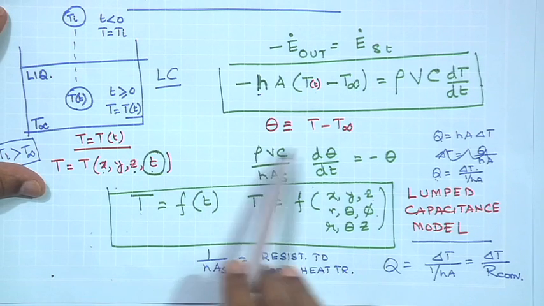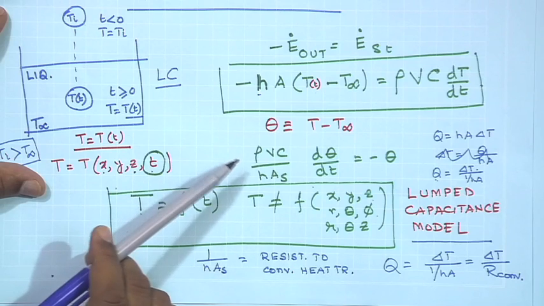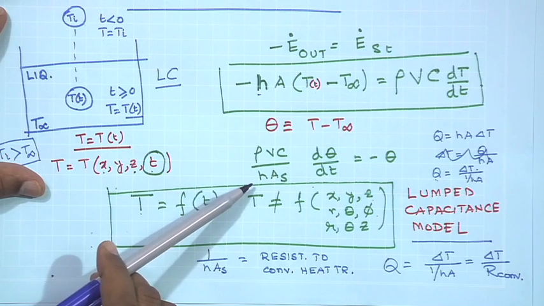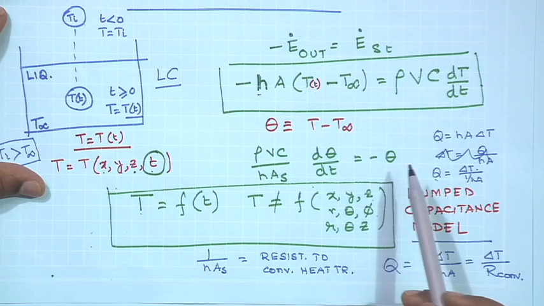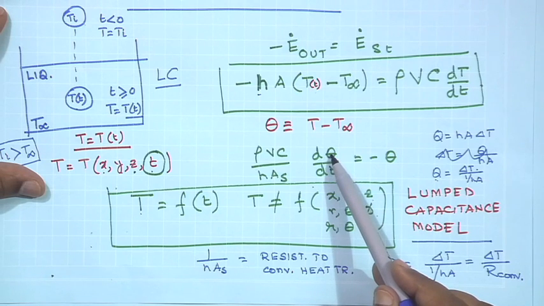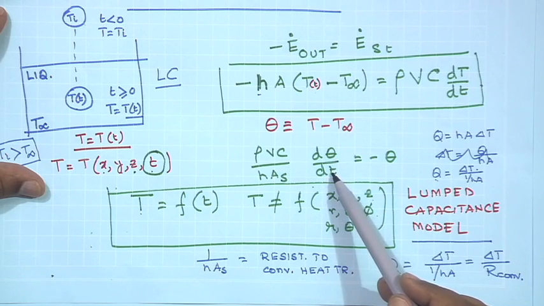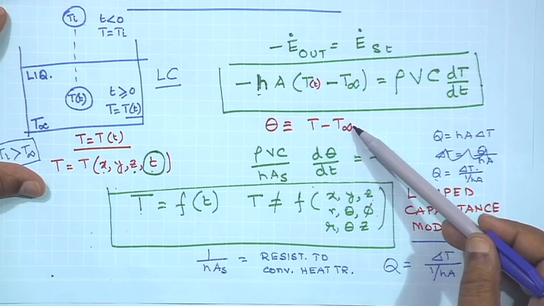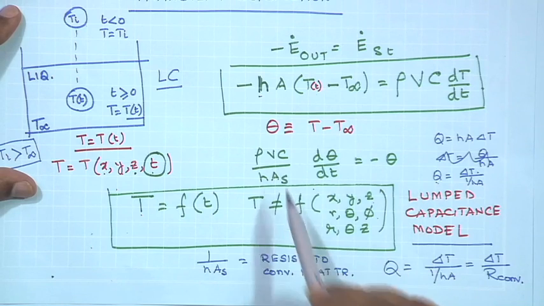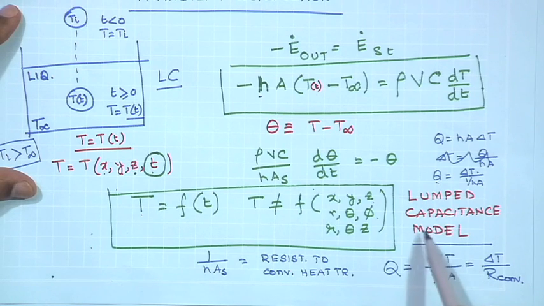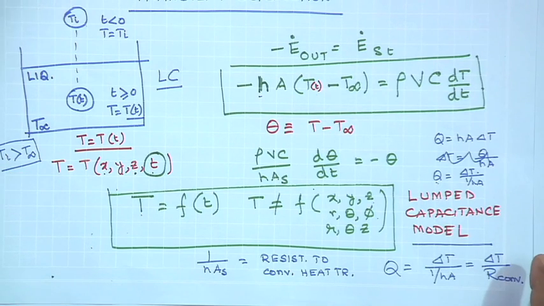So, therefore, if you look at this system, I have a capacity term and a resistance term, and the differential equation that relates the change in temperature with time, where theta is defined simply as T minus T infinity, takes this specific form if I use the lumped capacitance model.